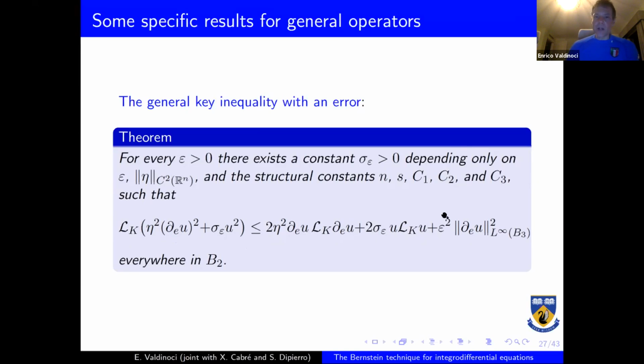Now the error is a small constant, say epsilon square, times the first derivative square. So the idea, roughly speaking, is that if you have this error and you want to estimate the first derivatives, you can somehow reabsorb the error into the main part by using a bit of scaling and interpolation.